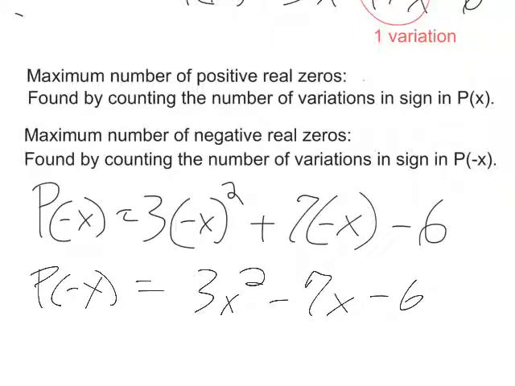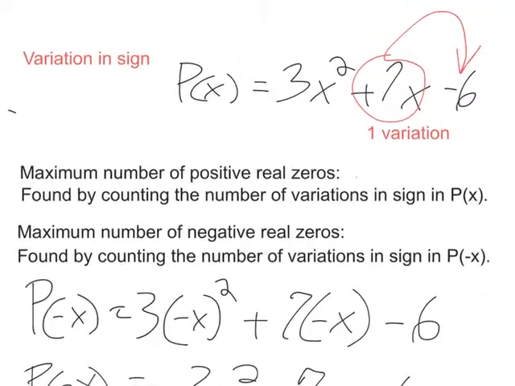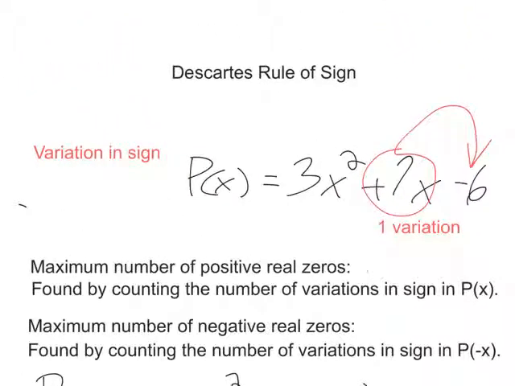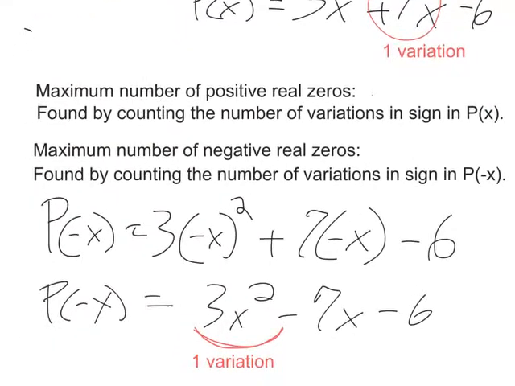And you saw up there we had the one variation. Here we also, again, have one variation. So what this means is for the maximum number of positive real zeros and the maximum number of negative real zeros, for this particular P of x that I wrote down right up here in the definition of variation of sign, we wind up having a maximum of one of each, okay?